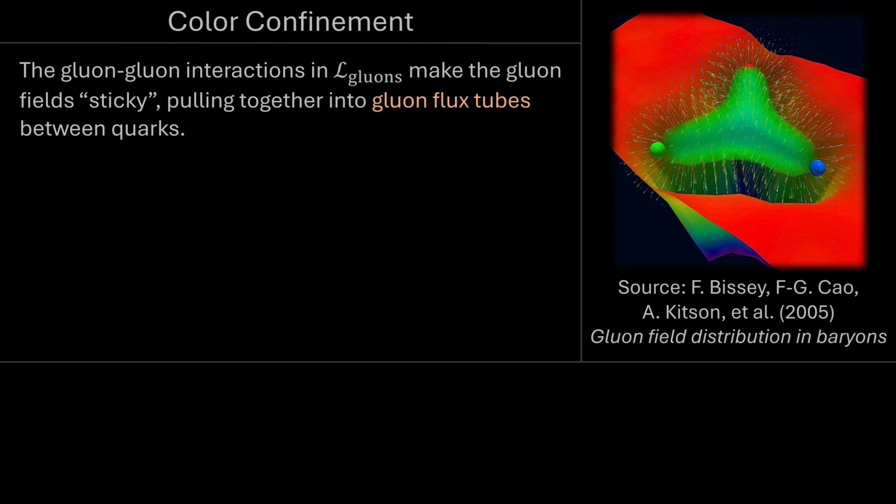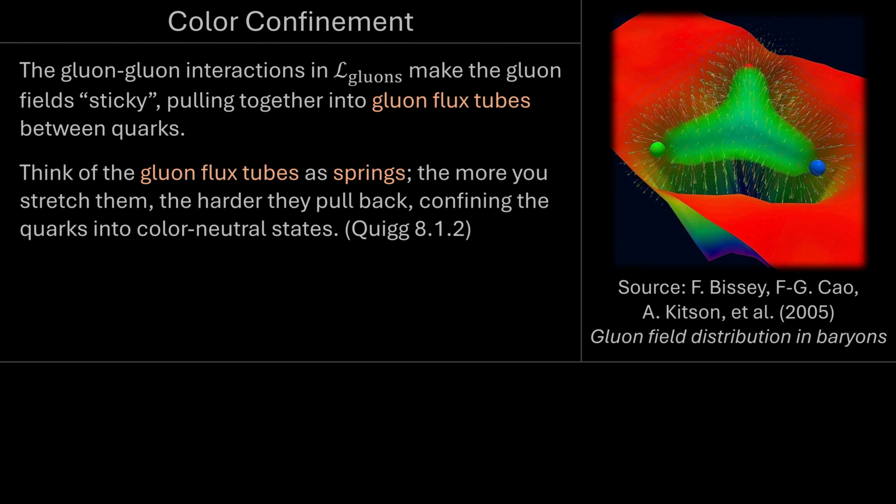So when you have some quarks that are in a bound state, the gluons between them are going to tend to pull together into these gluon flux tubes. And those you can think of as like springs, where the more you try to stretch them out, the harder they pull back in. And that has the effect of confining the quarks into a color-neutral state.